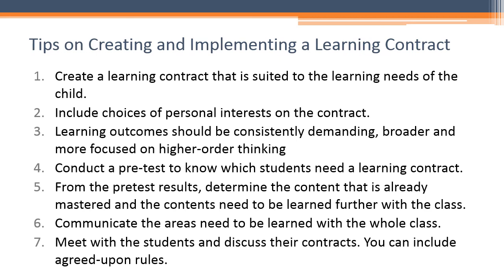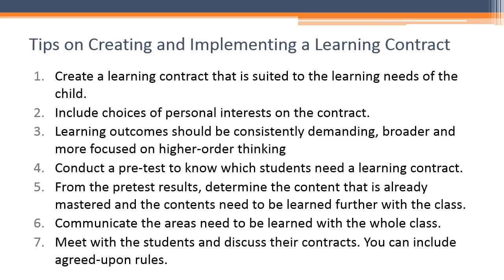Okay, so you need to know first the learning needs of your child. Now, second, you need to include personal interests of areas of study on the contract so that the student will have ownership of the contract.